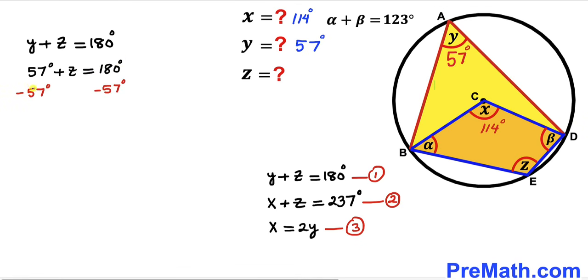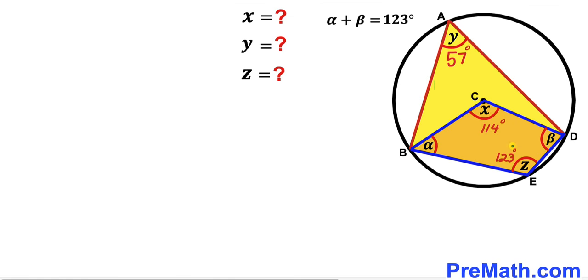Now we subtract 57 degrees from both sides to isolate angle Z. This 57 degrees and negative 57 degrees are gone. So our angle Z turns out to be 123 degrees.